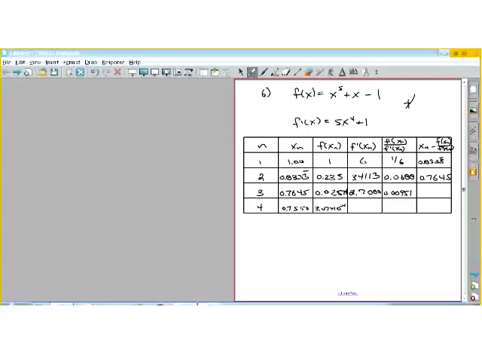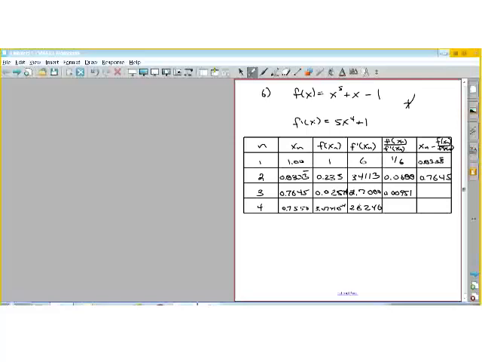It says continue the process until 2 successive approximations differ by less than 0.001, so we still haven't quite finished yet. Okay, 0.7550 to the 4th power times 5 plus 1 is 2.6246.